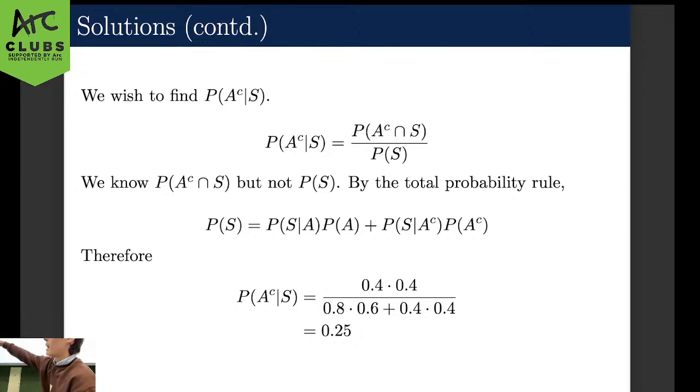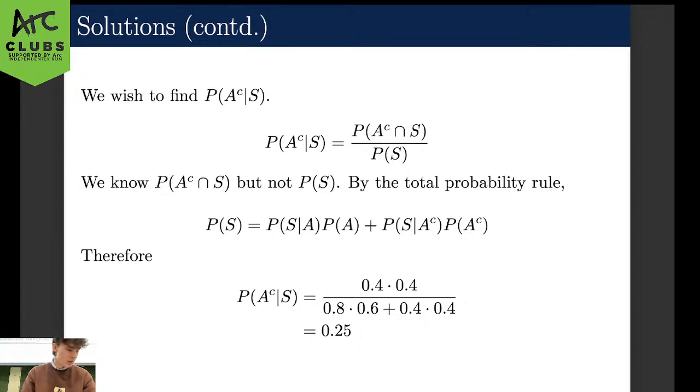Expanding that out gives us 0.8 times 0.6 plus 0.4 times 0.4, and that gives us the total probability that someone was not accepted given they survived, equal to 0.25.